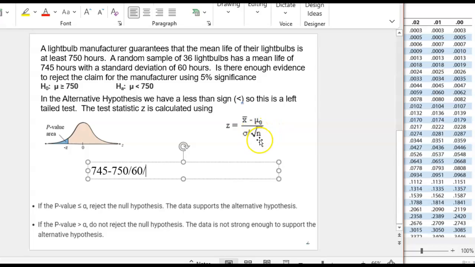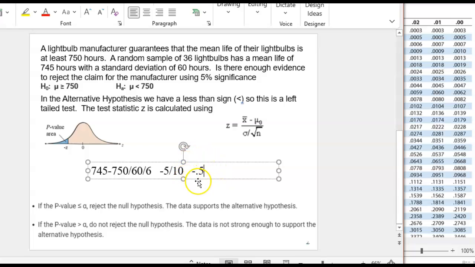N is always our sample size, which is 36, and the square root of 36 is 6. So that gives us, on the numerator, 745 minus 750 is minus 5, divided by 60 divided by 6 in the denominator, which is 10, and that is equal to a negative 0.5.